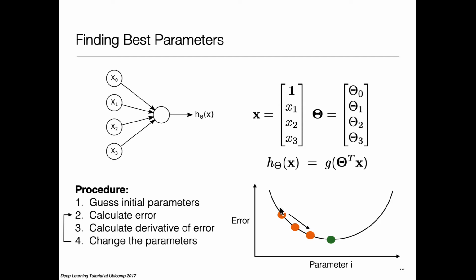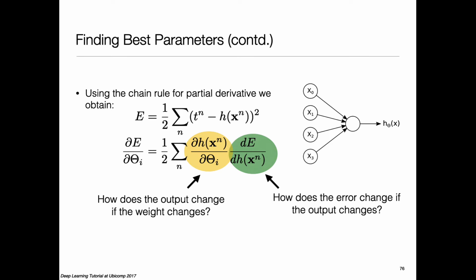Compute the derivative and take a step in the direction where the derivative is the steepest. So the whole thing then boils down to this: given a neural network, I have to find the derivative of the error with respect to the parameter vector theta, or alternatively with respect to every parameter, and then once I have done that, I can do the gradient descent.